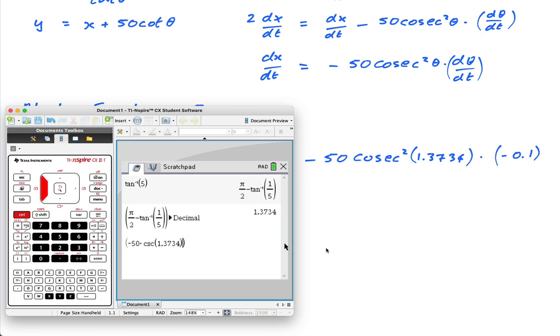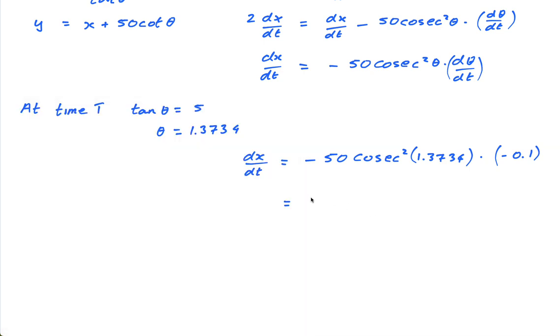It's squared, guys, so be very careful putting a bracket here. This bit is squared, so that's how you write cosec squared, and then times negative 0.1, close bracket, press enter, and I get exactly 5.2. And that's it.